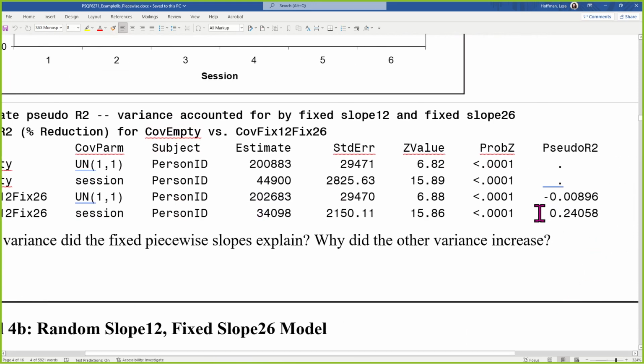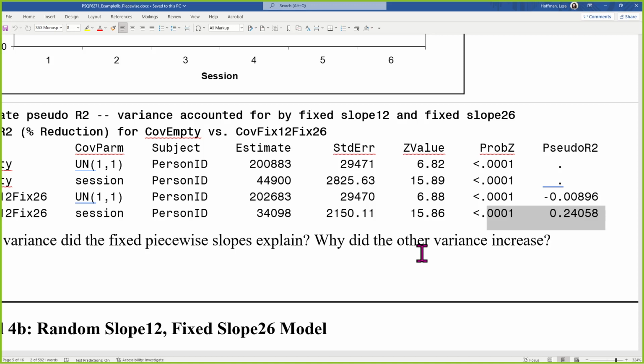And it looks like, yes, relative to an empty means model, including these two slopes explained 24% of the level 1 residual variance. And I have to say it that way. I can't say 24% of the variance because that would be wrong.